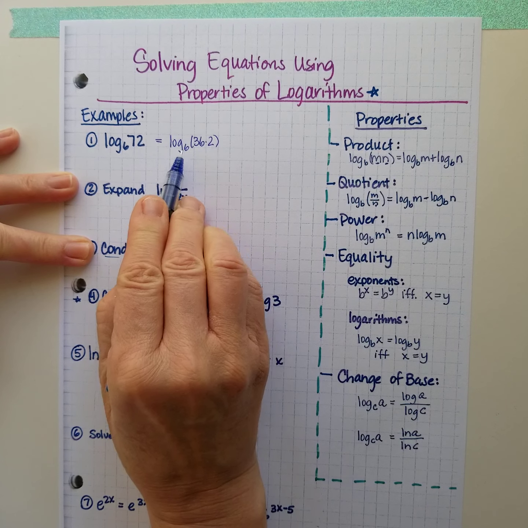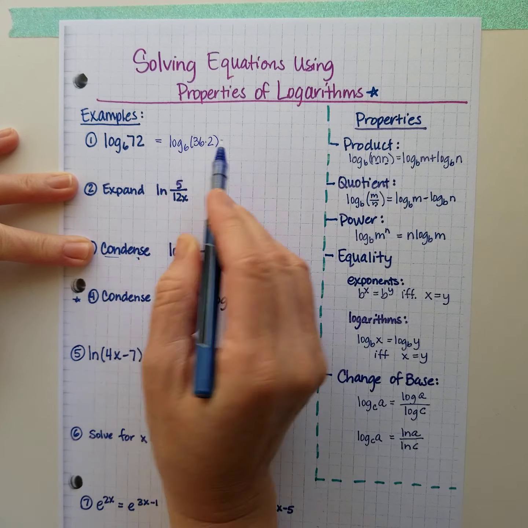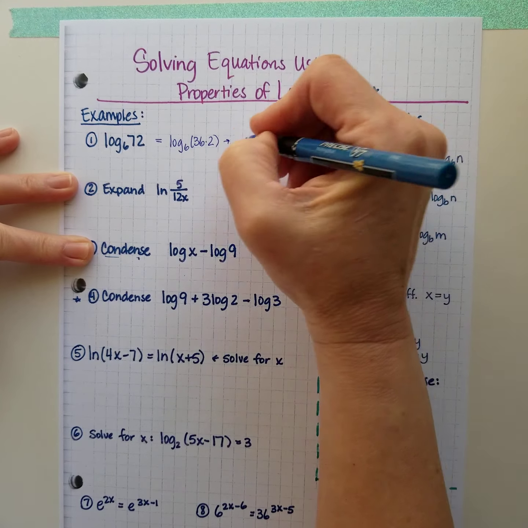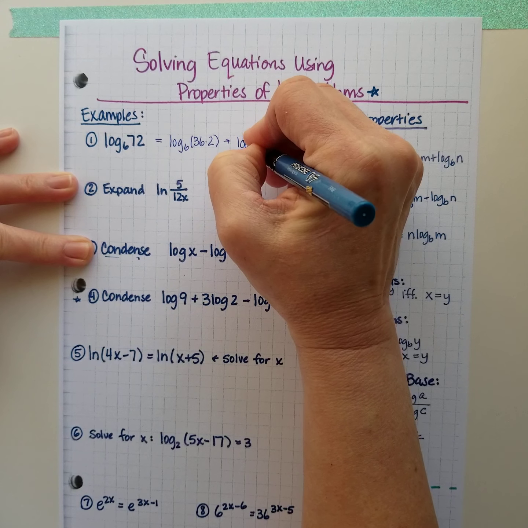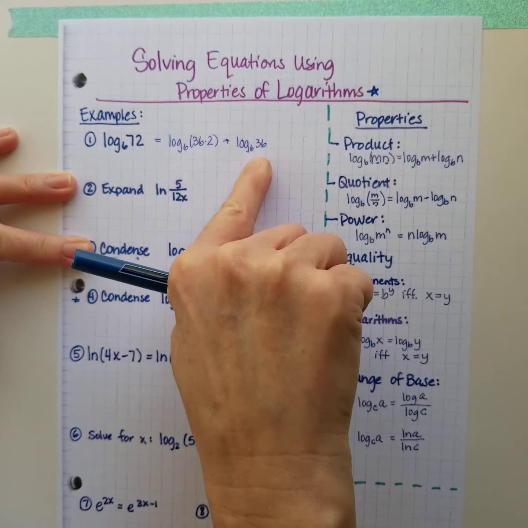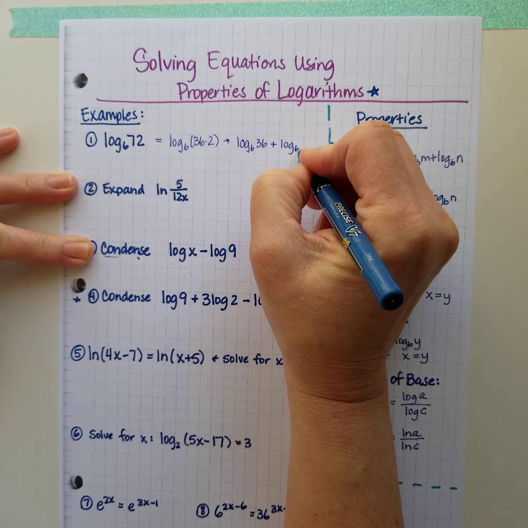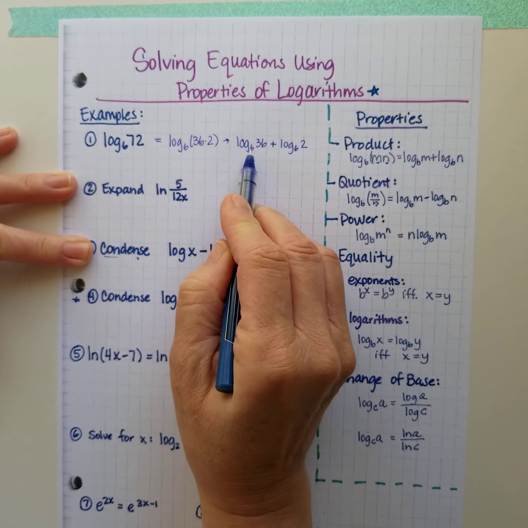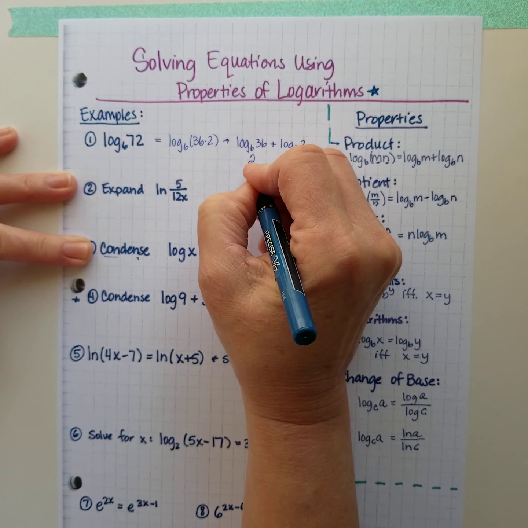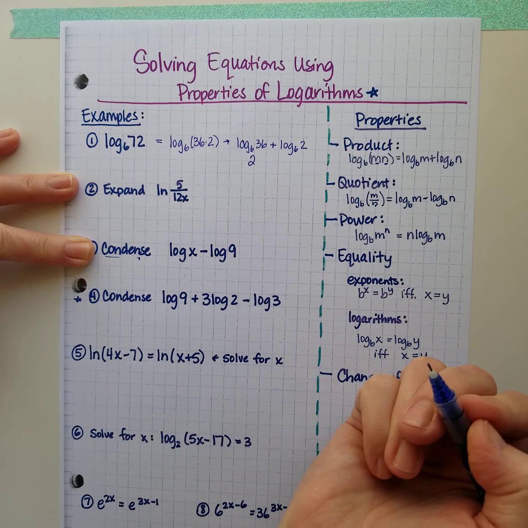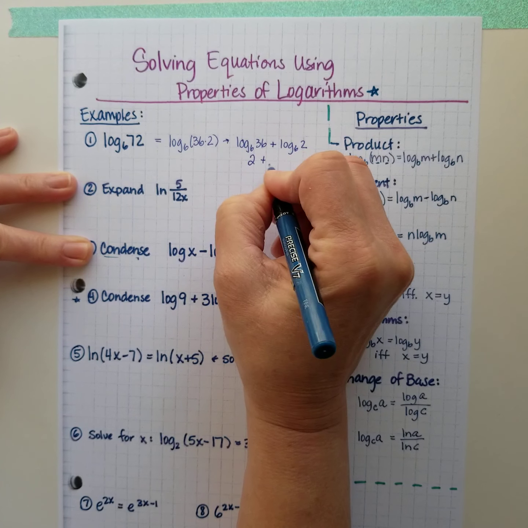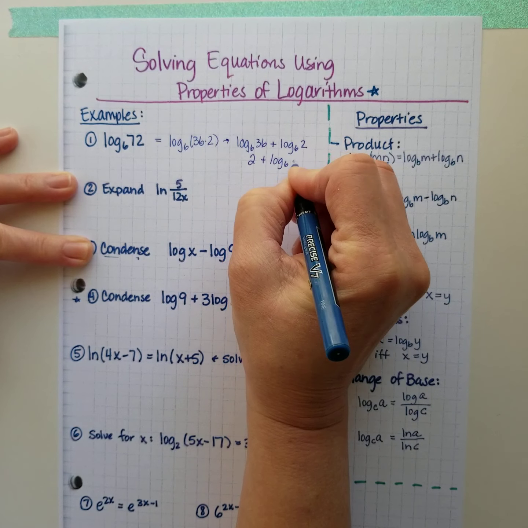If I break this up, this becomes log base 6 of 36 plus log base 6 of 2. I know that log base 6 of 36 equals 2, since the exponent on 6 that would yield 36 is 2. So this simplifies to 2 plus log base 6 of 2.